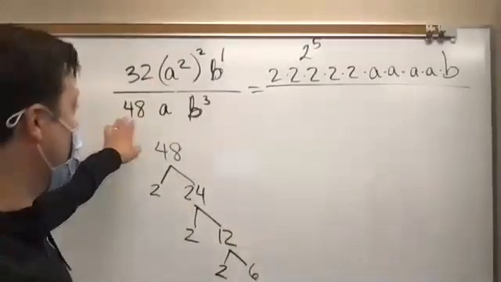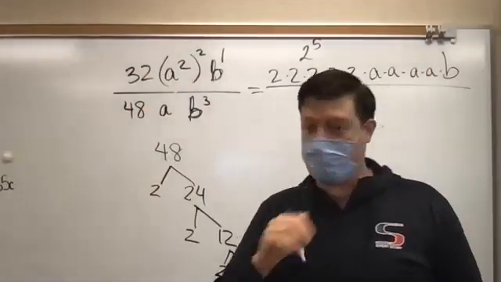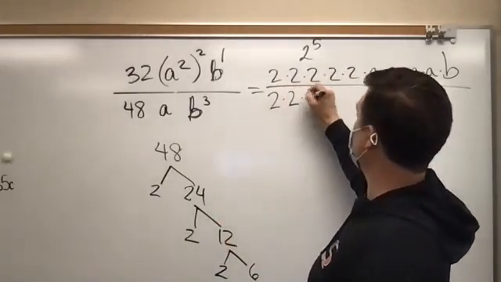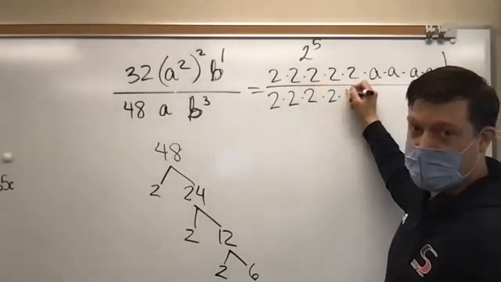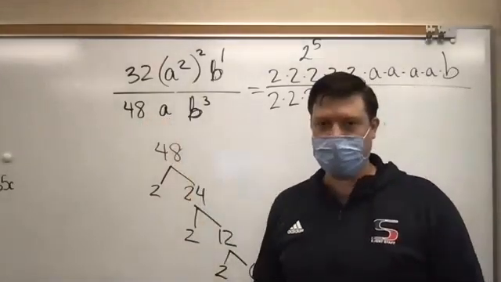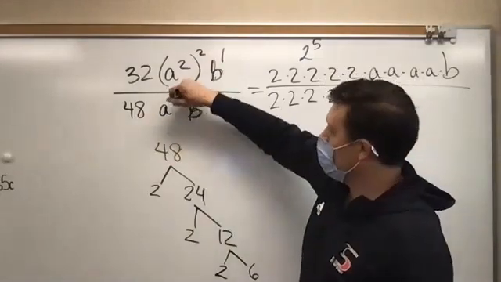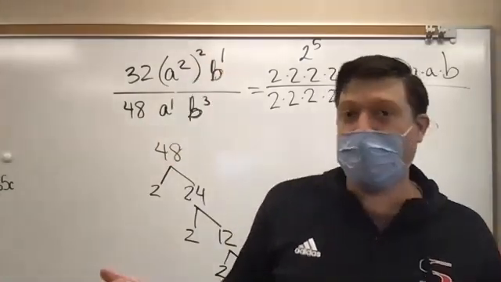So we're going to take that 48 and we're going to expand, factor it all the way out: 2 times 2 times 2 times 2 times 3. That makes 48. Now, there's a single a in the bottom of the fraction. Technically, that means there's a 1 exponent.